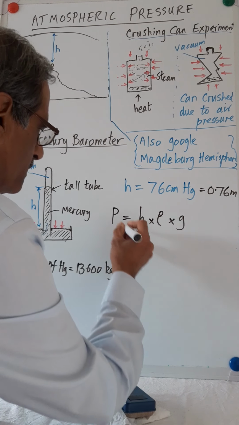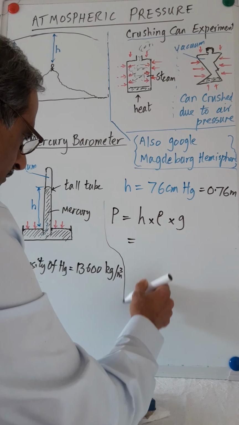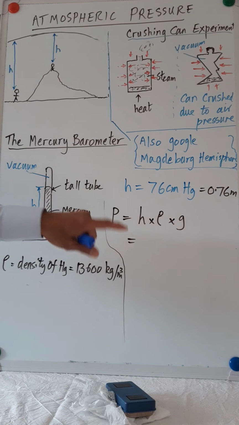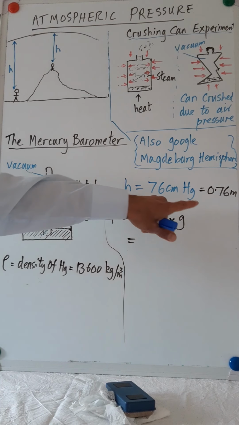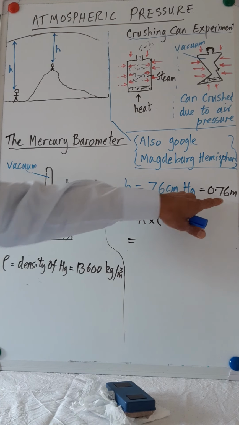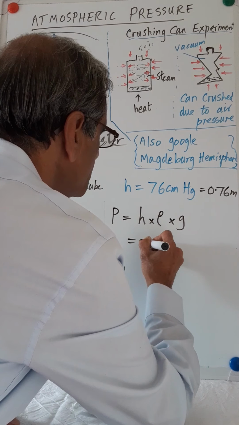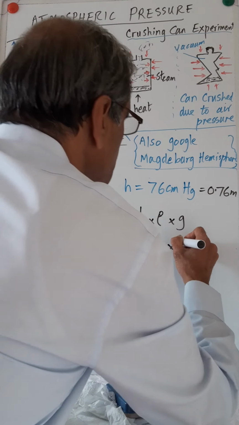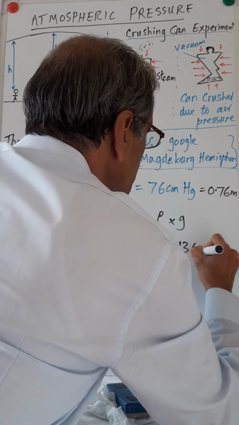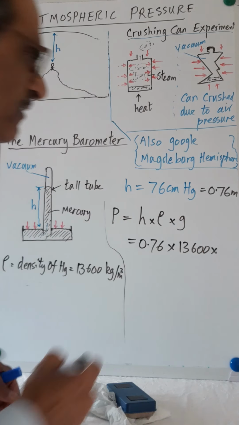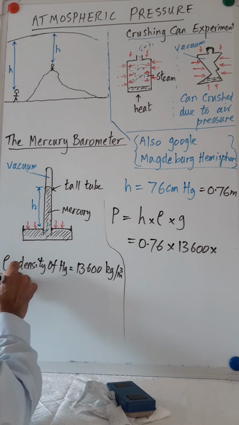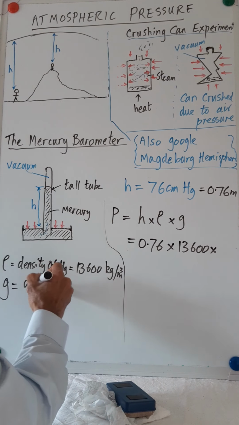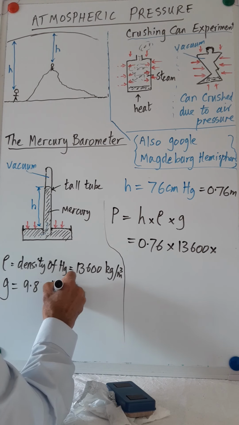So pressure is going to be equal to the height. The atmospheric pressure can hold a column of mercury which is 0.76 meters high. So H is 0.76 times the density of mercury, which is 13,600, times gravity, and G is equal to 9.8 newtons per kilogram.